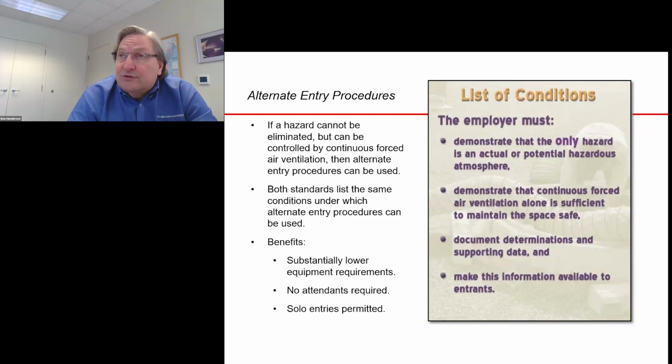And of course, you're using gas detection continuously to make sure that the ventilation is working and that the conditions are continuing to be safe for the workers. So if a hazard cannot be eliminated but can be controlled, then potentially you can use the alternate entry procedures.